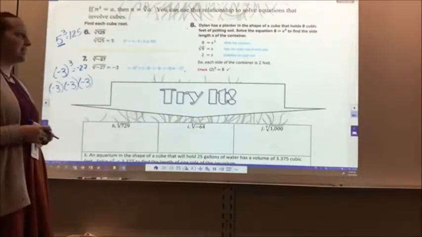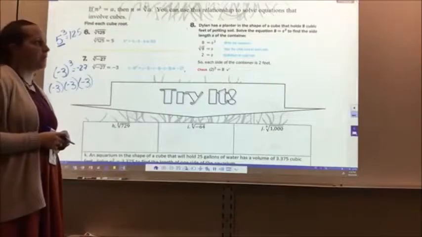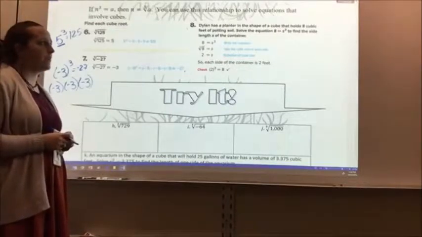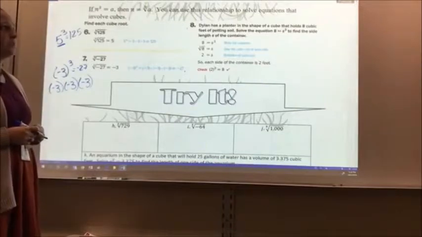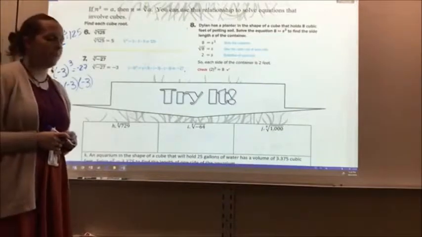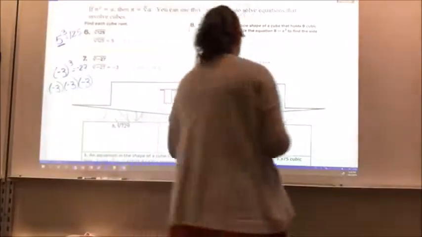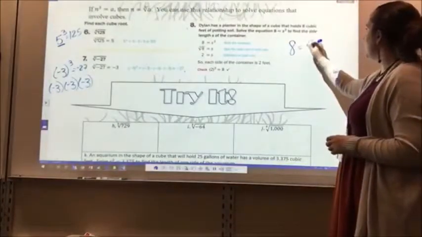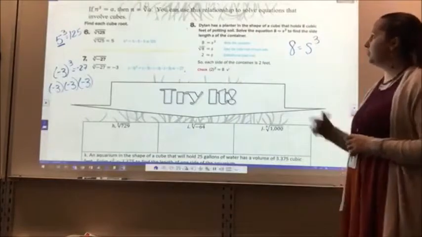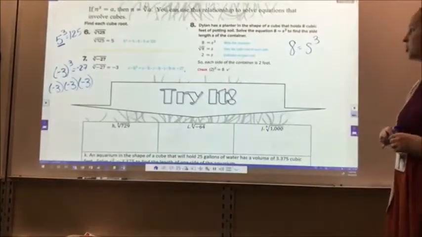For number 8, Dylan has a planter in the shape of a cube that holds 8 cubic feet of potting soil. Solve the equation 8 equals s cubed to find the side length s of the container. So what I want to do is set up my equation. So 8 equals s cubed, which is the equation that they gave me in the original problem.